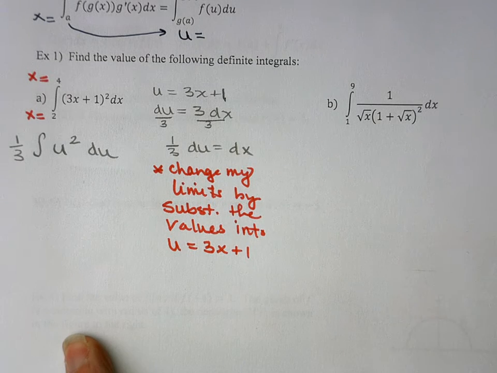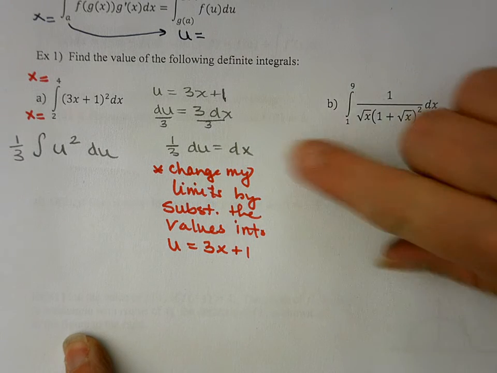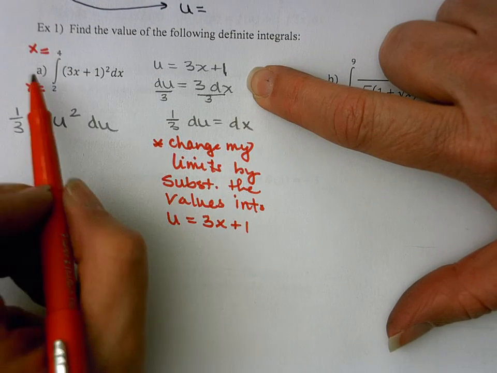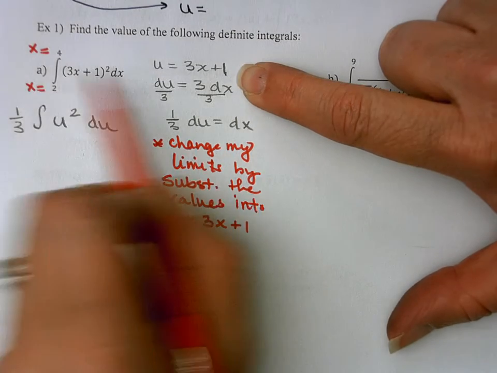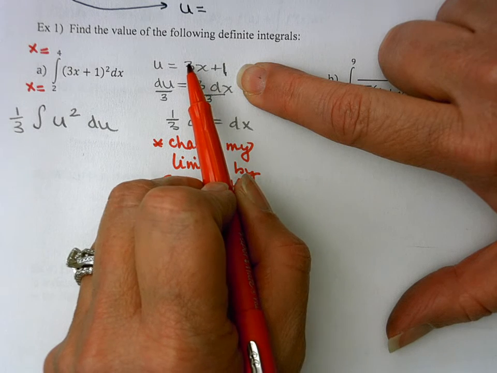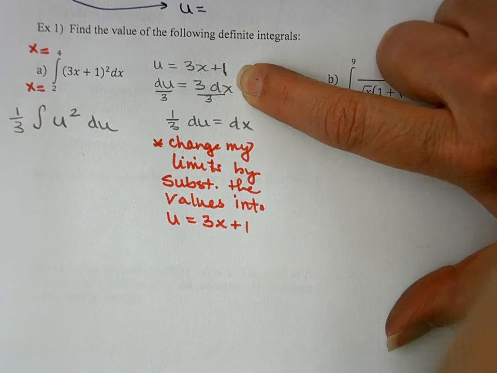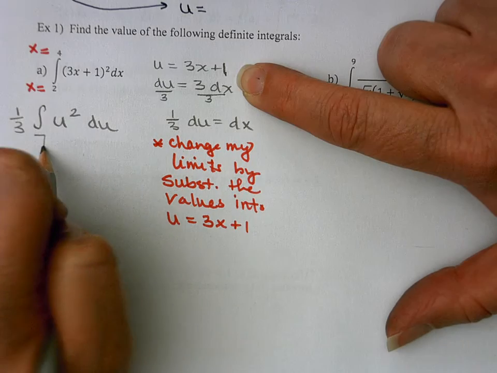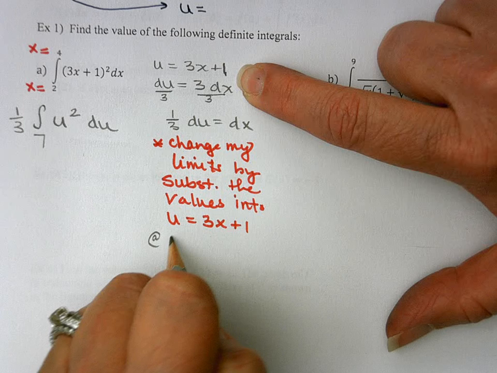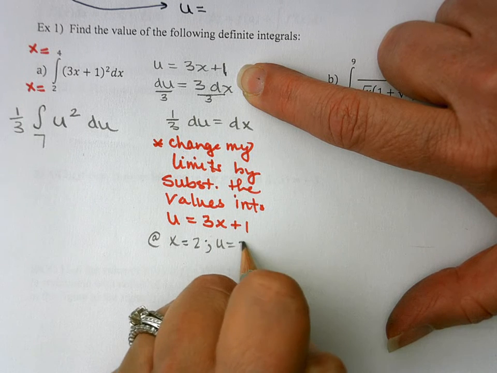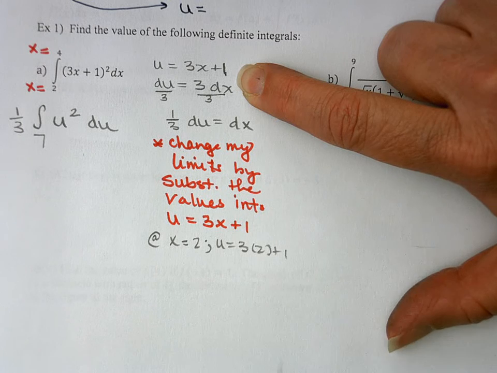Right? So in this particular problem, u is 3x plus 1. So when I know x is equal to 2, right, so up here x is equal to 2, so when I substitute that in, I will get 3 times 2 plus 1, so then my new lower limit will be 7, okay? So one more time, so at x equals 2, I would get u equals 3 times 2 plus 1.